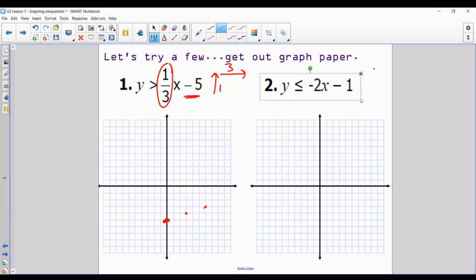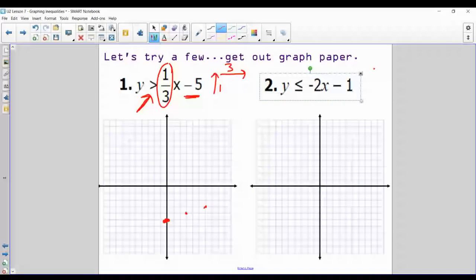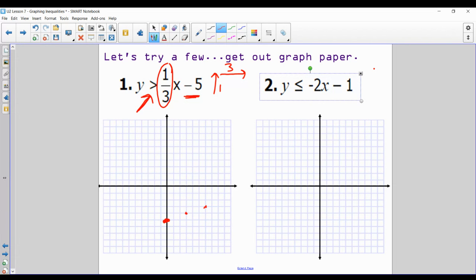Okay, so now here's the part where it becomes an inequality, different from a line. I have to look at the inequality symbol. It is just greater than, not or equal to, so I'm going to have a dashed line. So I come in here with a dashed line.